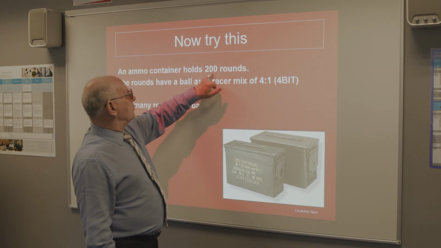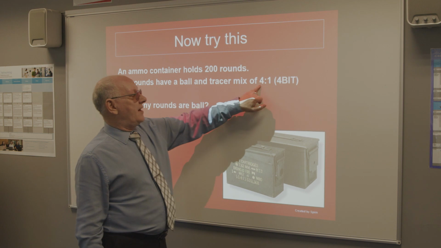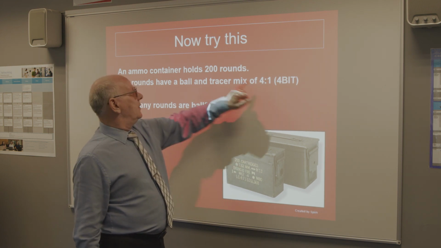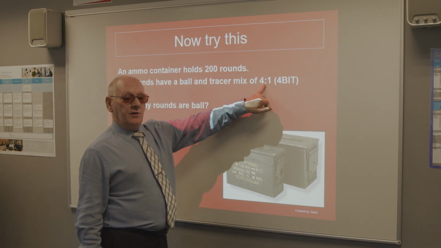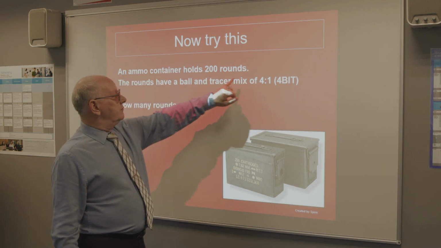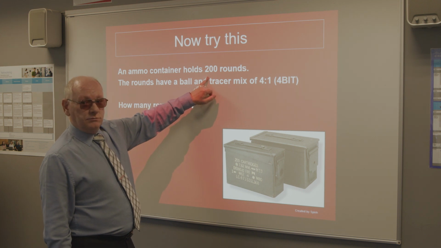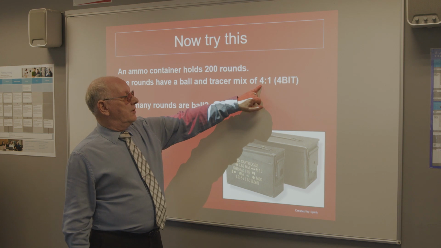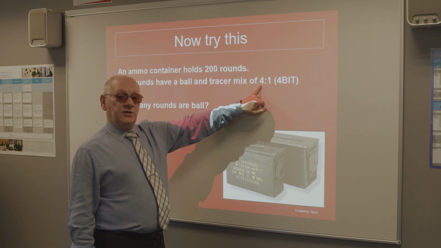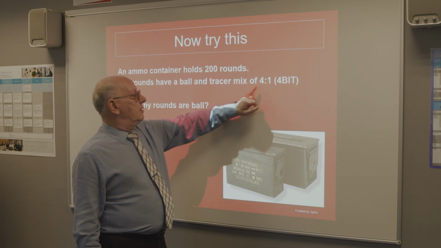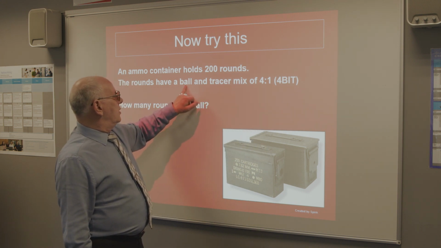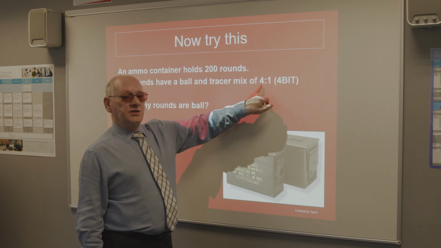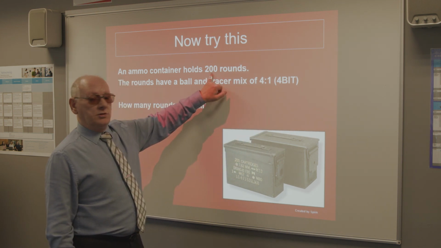Add the pot, you've got the total there, so you have to add the parts. 4 plus 1 is 5. 200 divided by 5 is 40. 4 times 40 is 160. 160 your ball. 40 left, 160 plus 40 is 200.